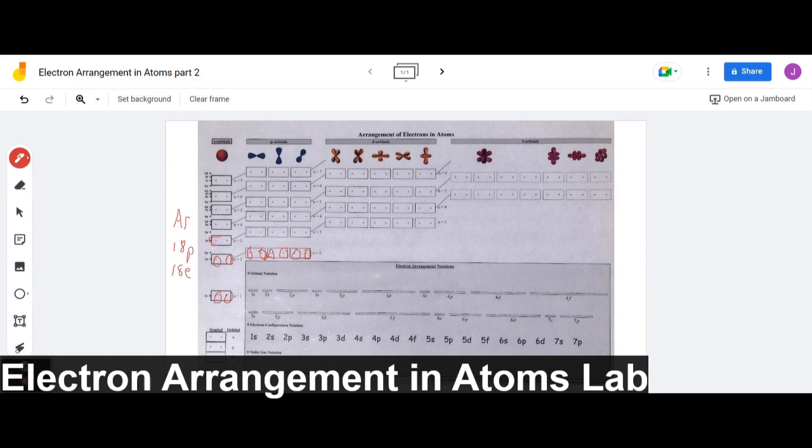Thus far, we've placed 10 electrons. We got to get to 18. And as it turns out, notice that argon, which is a noble gas, has a completely filled 3p sublevel, which means it has extra stability because its boxes are completely filled. That's what makes it non-reactive.